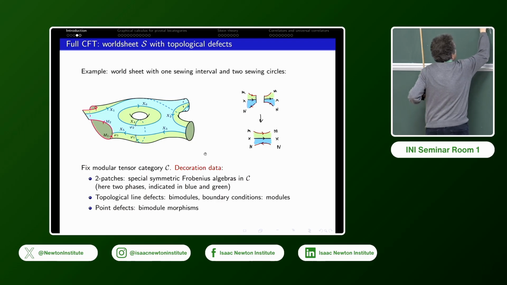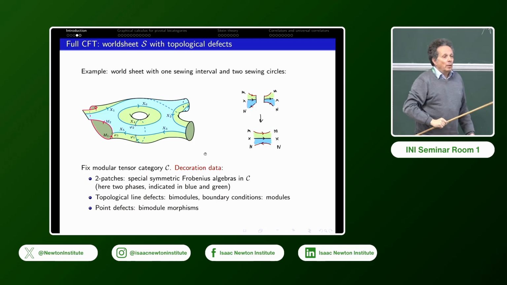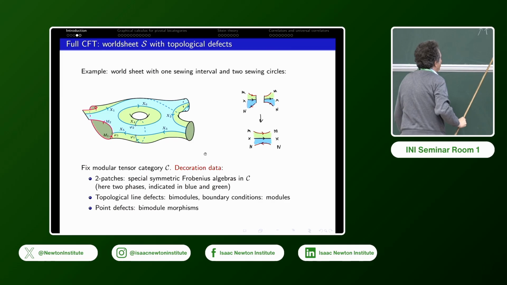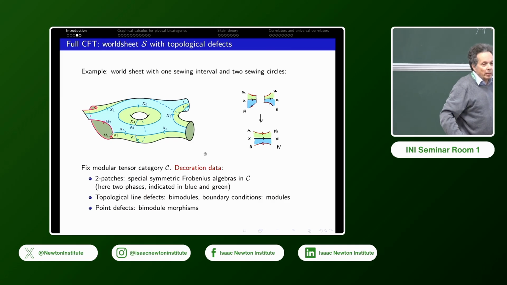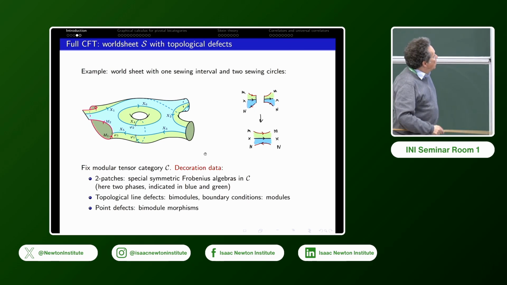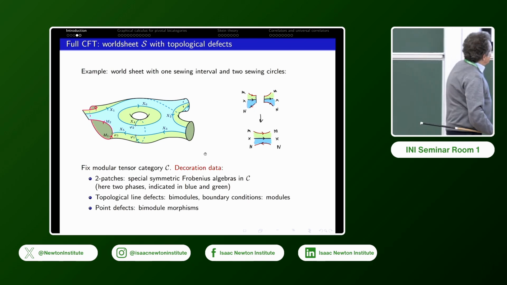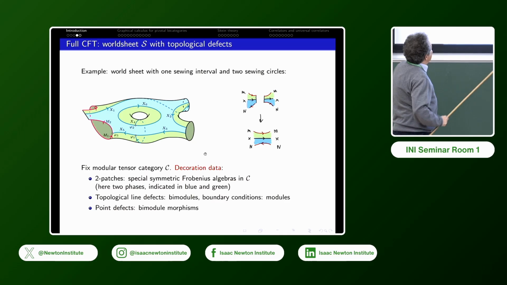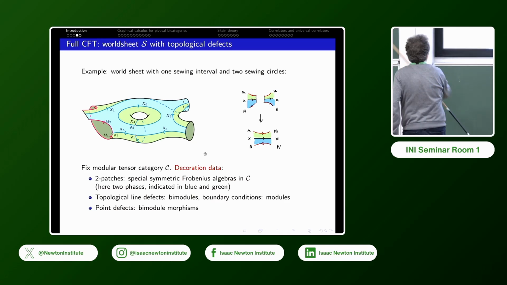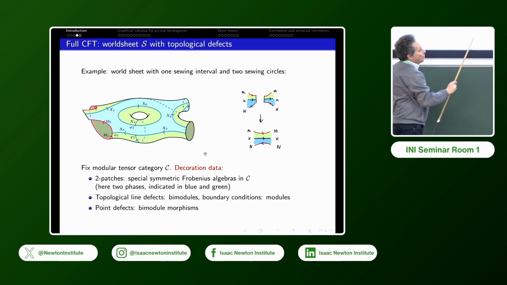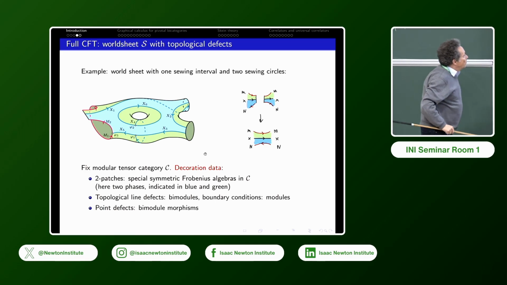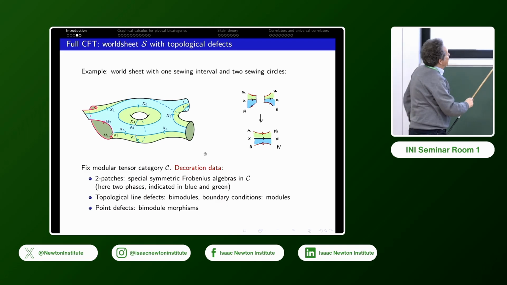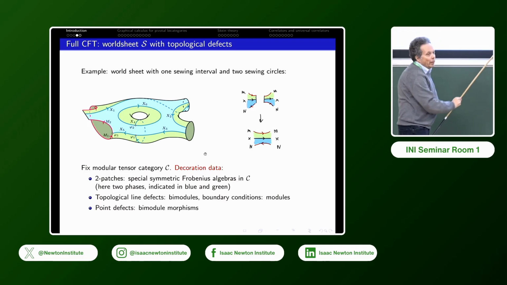So imagine, for example, based on the same chiral symmetry, this could be, for example, an A-type modular invariant or a D-type modular invariant, or even an exceptional one, to say it in old language. So what you see is that we are decorating here the two patches with the type of CFT we consider, and it's established for a quarter of a century that the right way to specify this is a special symmetric Frobenius algebra. Of course, I'm cheating.